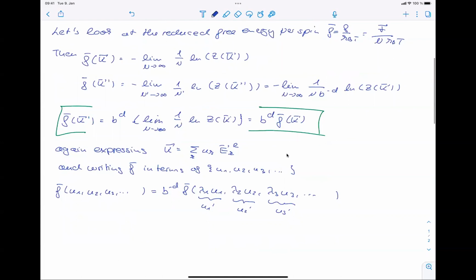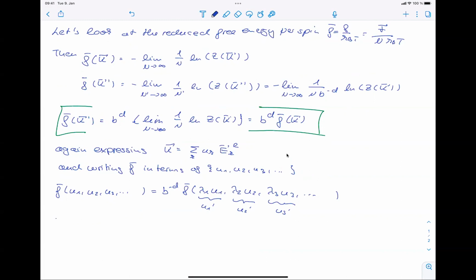Okay. Now, we learned more about these relevant and irrelevant variables. Particularly, we learned that for most ferromagnetic systems, we have two relevant variables that typically correspond to the temperature and the applied field, and all other variables are irrelevant.